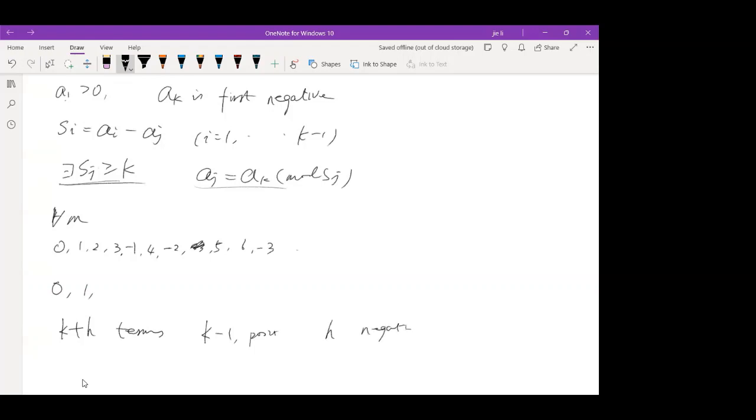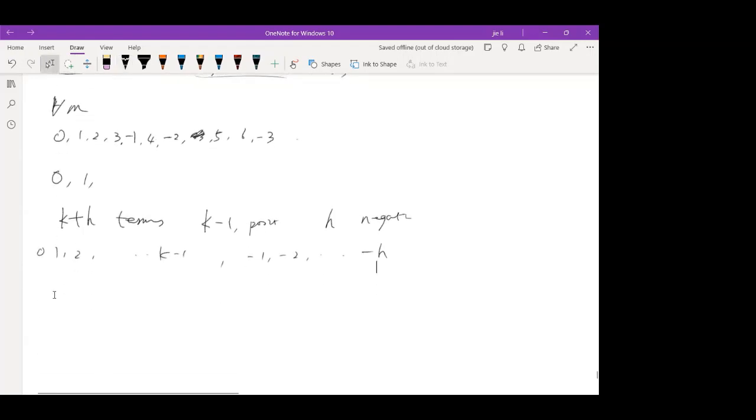That means you already have 0, 1, 2, all the way to k minus 1, and then you have -1, -2, up to minus h. And then what is the next term you can put in?